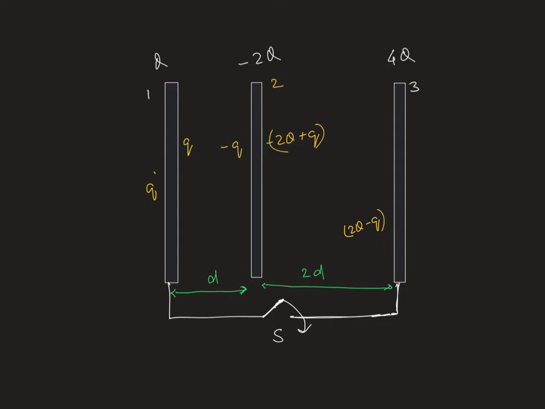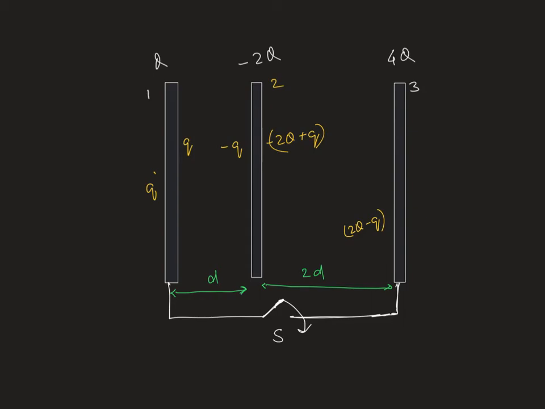This is very important to understand. If there is a transfer taking place between 1 and 3, I cannot say that the charge on 1 is Q and the charge on 3 is 4Q. I can just say that the sum of charges on 1 and 3 is 5Q. That's all I can say, because there is a transfer taking place. So let's carry on with our distribution. So this was Q obviously, and this was minus Q.